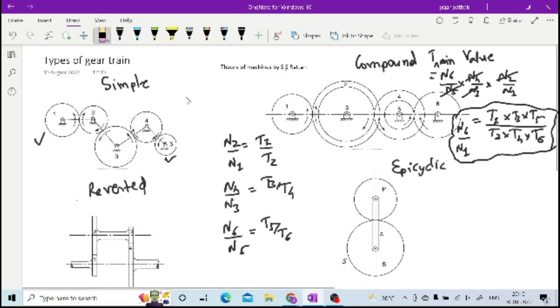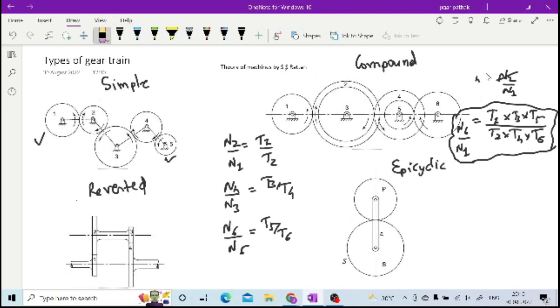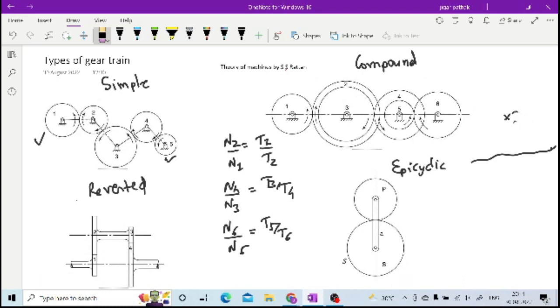Now in this reverted gear train, the last shaft and the first shaft coincide. If you can see, the axis of the shaft of the driven gear and the driving gear are coinciding in the case of a reverted gear train.